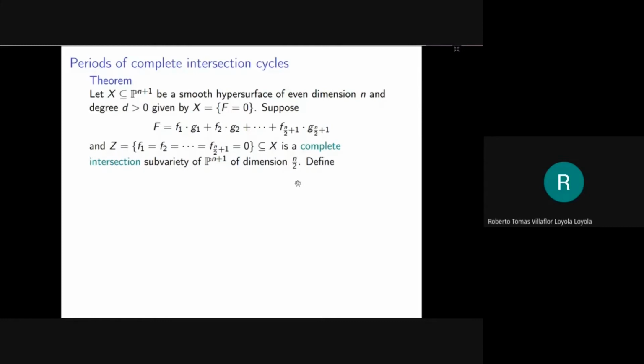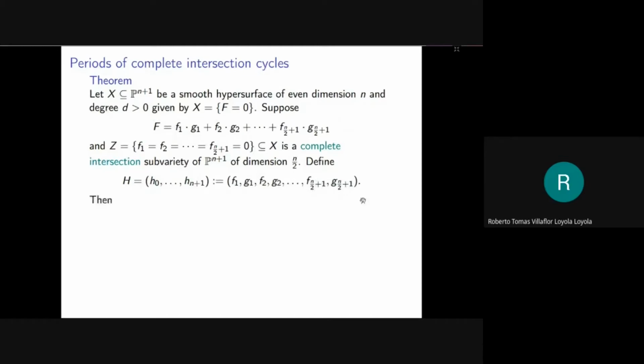Consider now h to be the vector of polynomials h_0 up to h_{n+1}, which is given by ordering these factors appearing in this equation here: f_1, g_1, f_2, g_2, up to f_{n/2+1}, g_{n/2+1}.